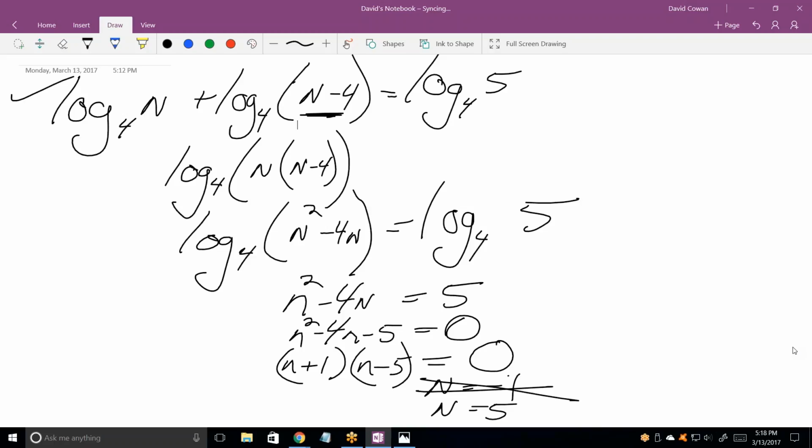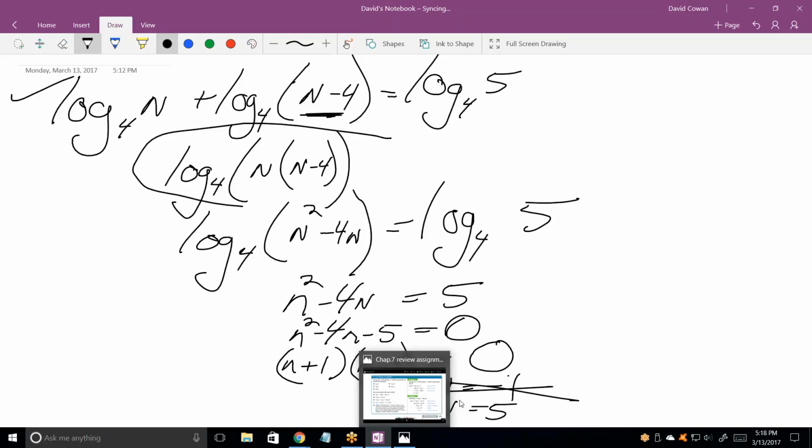Okay, cool. Now, notice these two answers down here. If I plug it into the second row, they don't violate the domain, not even the -1, because -1 times -5 is positive. And that's almost always the case also.